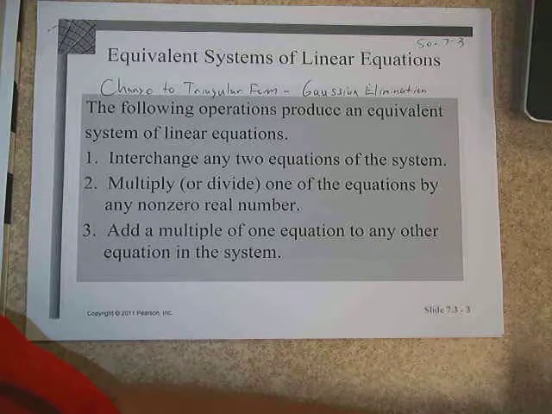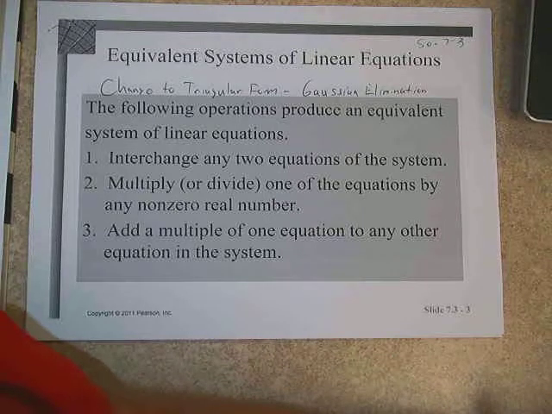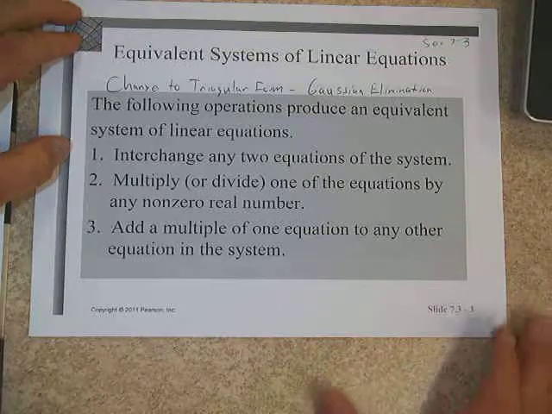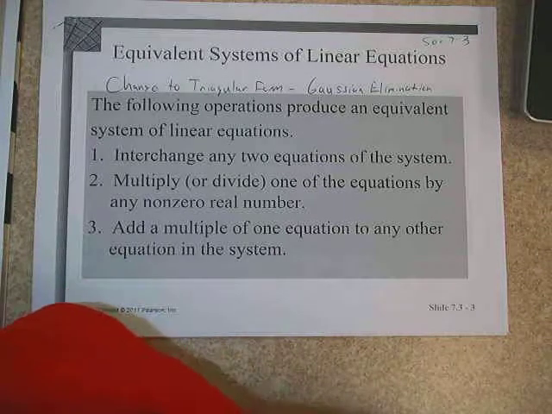Obviously we don't want to multiply an equation by 0, else we wouldn't have an equation anymore. And number 3, it's also okay to add a multiple of one equation to any other equation in the system.